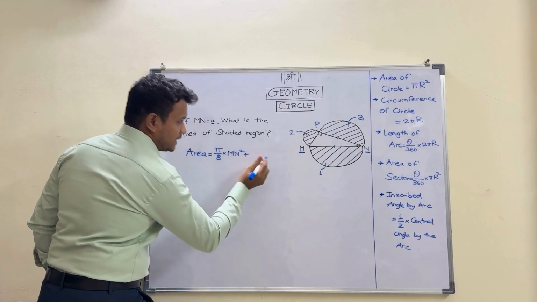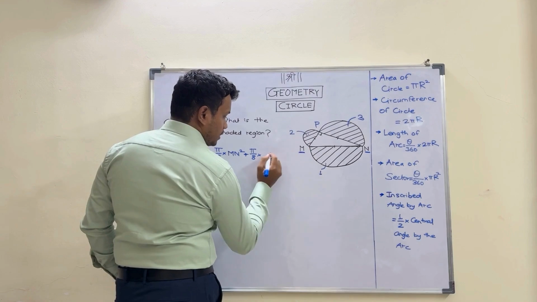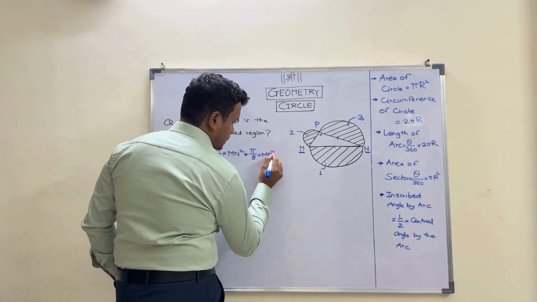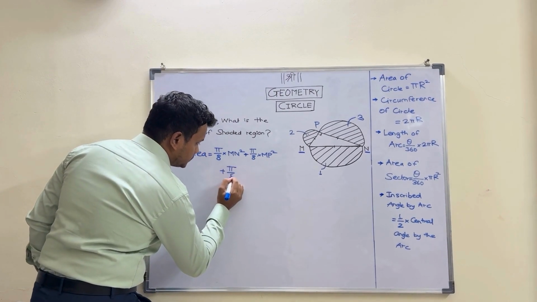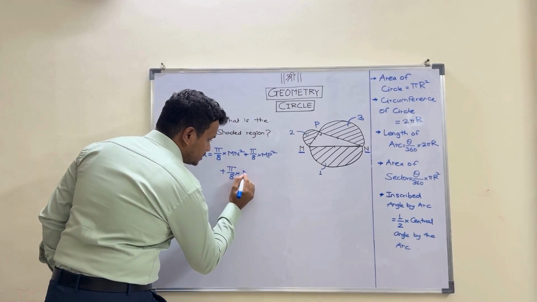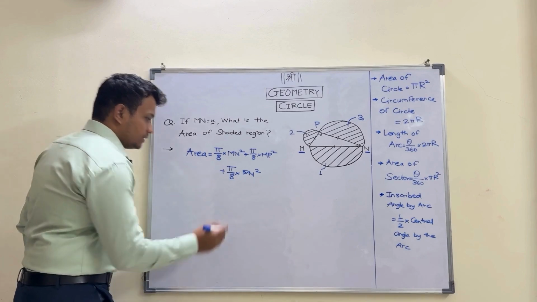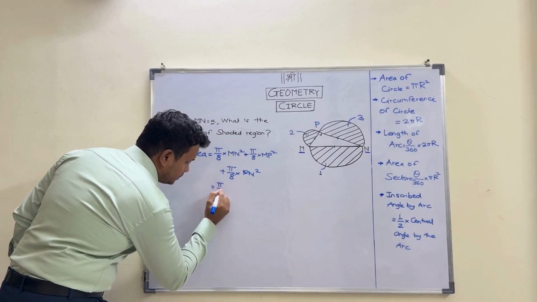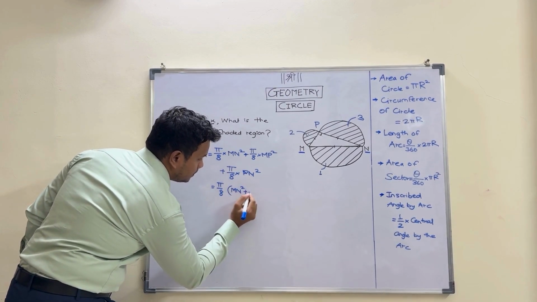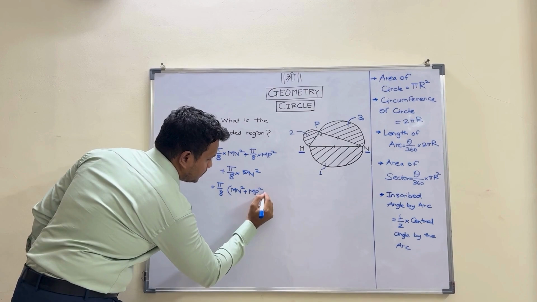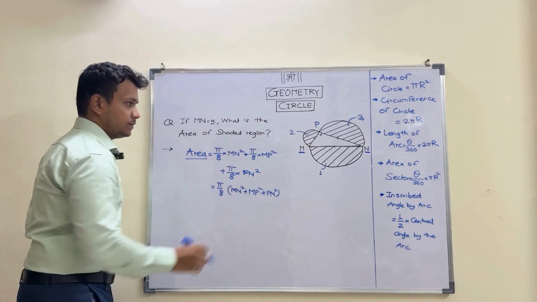Then the area of the second semicircle would be pi by 8 into MP square. And the area of the third semicircle would be pi by 8 into PN square, correct? I'll take pi by 8 as common from this equation. Inside I'll get MN square plus MP square plus PN square, correct? So this is the area of my shaded region.